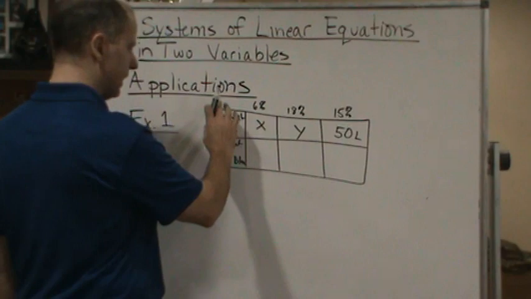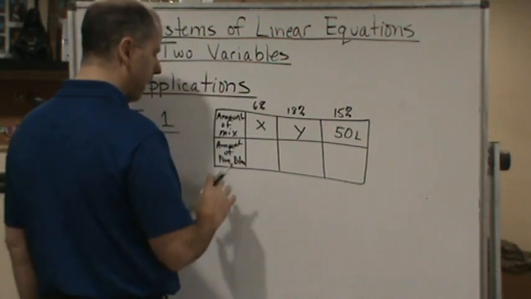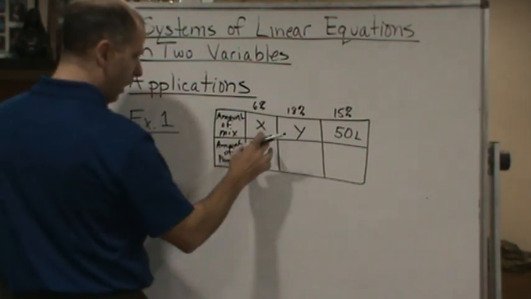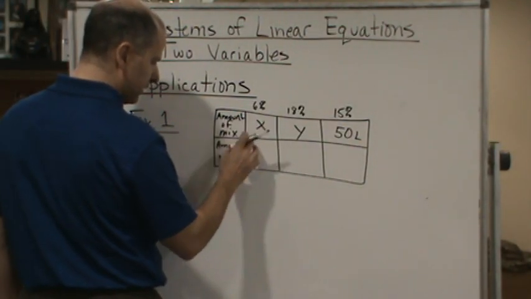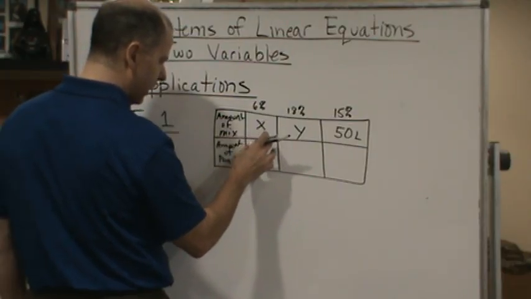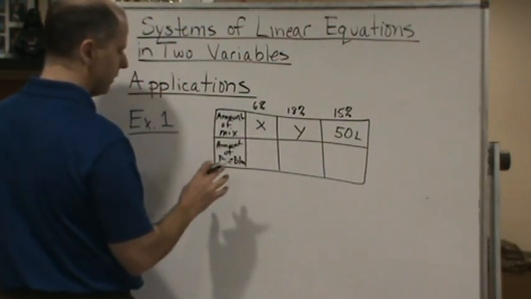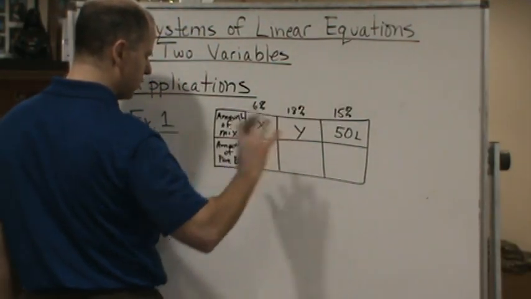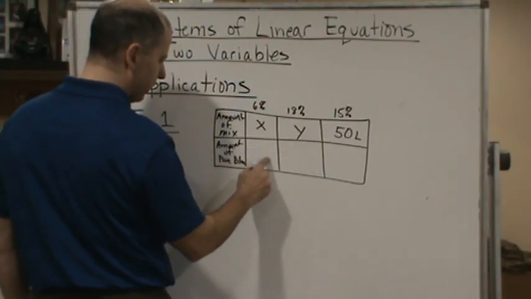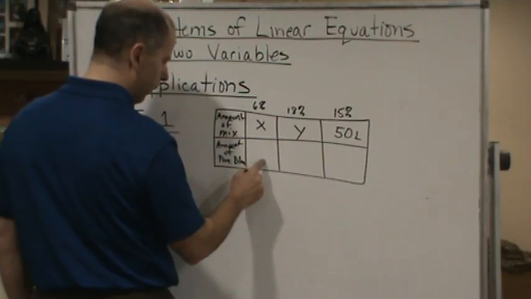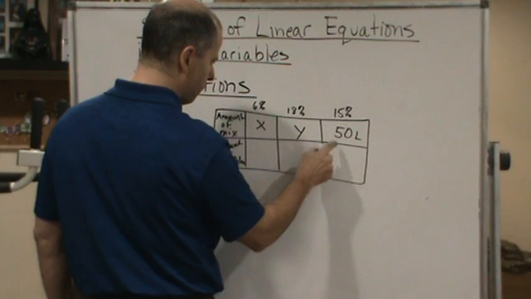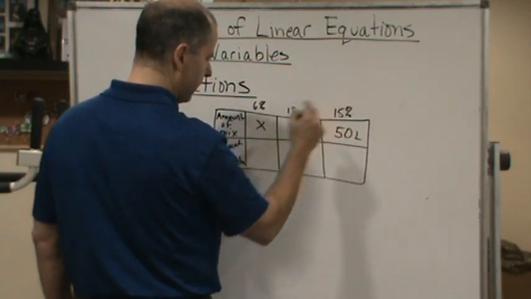Now, that's dealing with the mixture part. Now, what about pure bleach? Let me repeat myself. We want to take the bleach in this one, plus the bleach in this one, and add it so that the total is 15%.